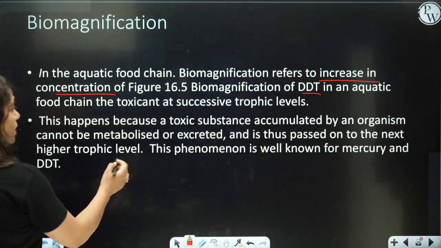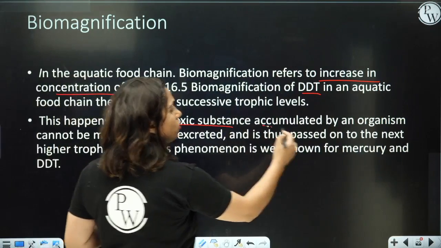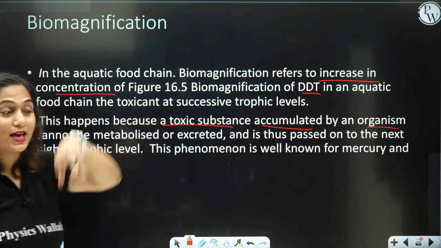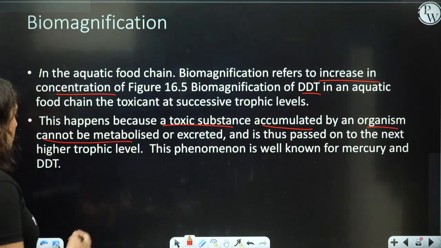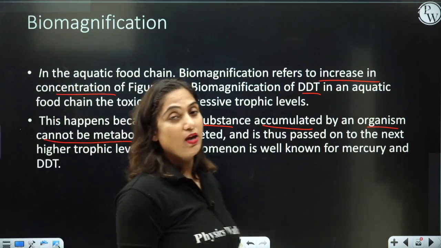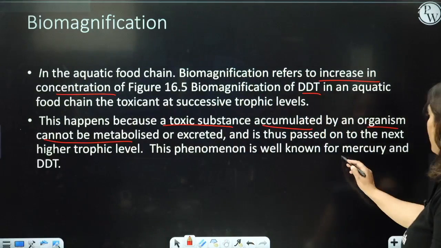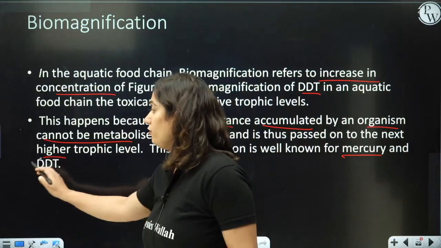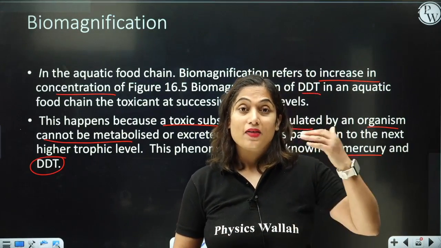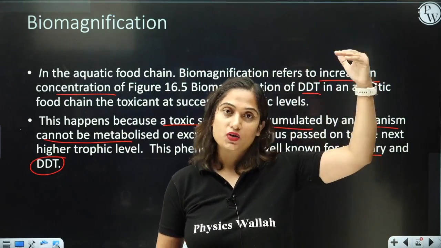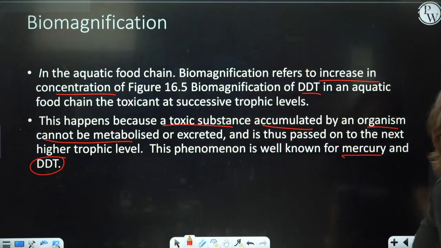This happens because a toxic substance gets accumulated in the organism and cannot be metabolized, right? So this phenomenon, biomagnification, can be seen in the case of mercury and in the case of DDT. Both of them are not metabolized inside the organism and their level gets increased with increasing trophic levels.